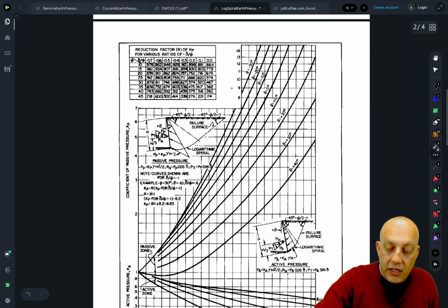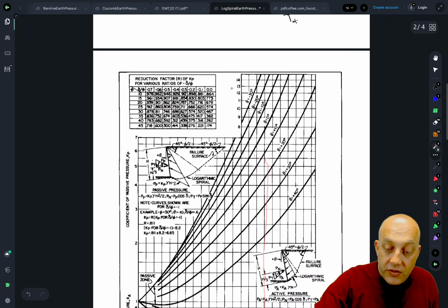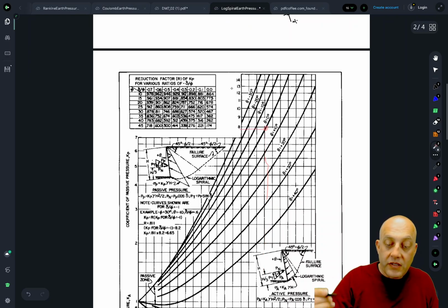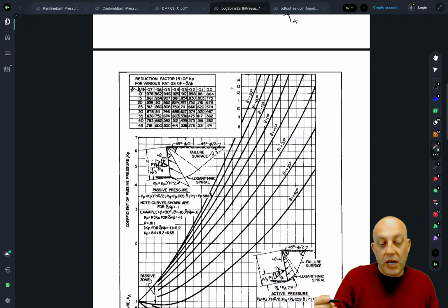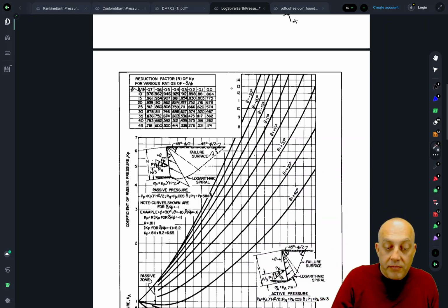So you would come up here and pick off a number, like if our friction angle is 32 degrees, it's there. We would come up along this line to this point, which is our earth pressure point, and then we would come across here, and so we can see our Kp value is maybe about 7.8 or 7.9 in this case. Okay, and that by default is for a condition with delta equals phi.